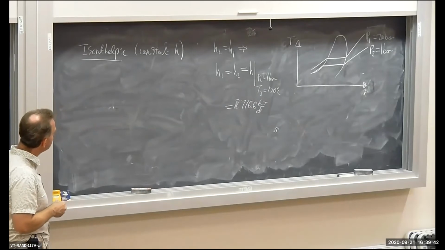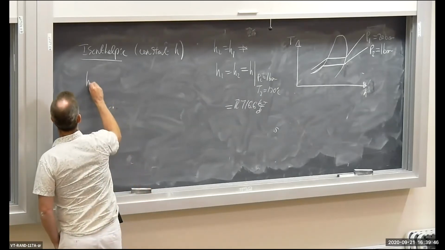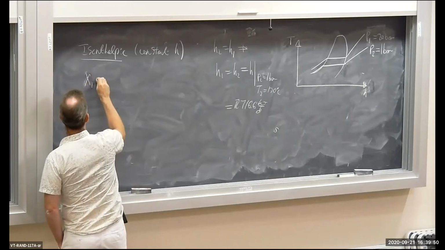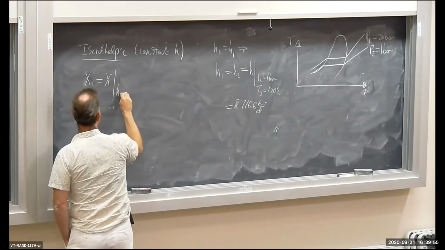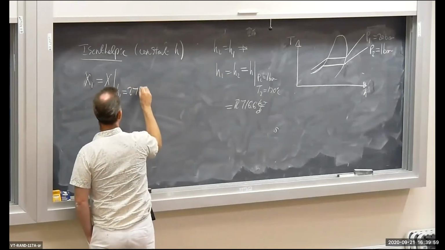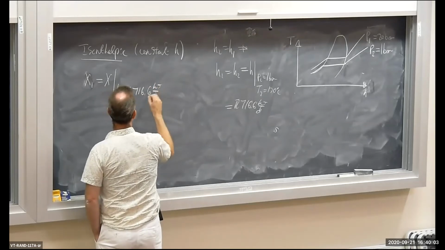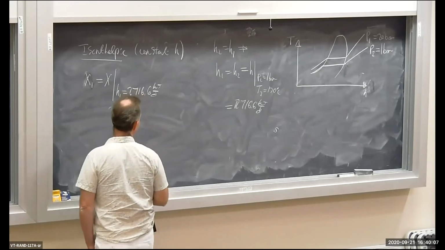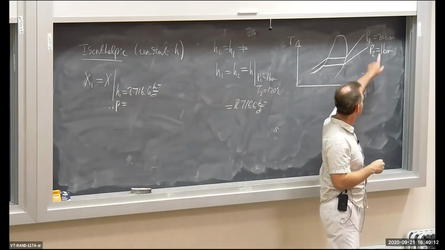Okay, so let's calculate the quality at state 1. Quality X1 is equal to the quality evaluated for an enthalpy H1 of 16.6 kilojoules per kilogram and a pressure P1. P1 is 20 bar.